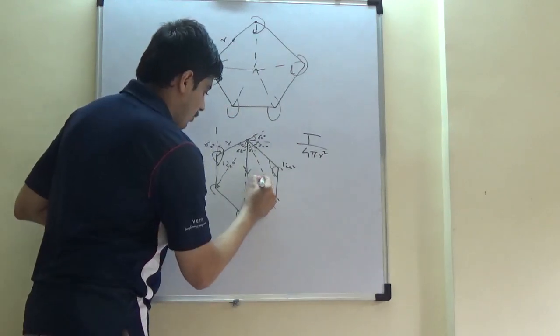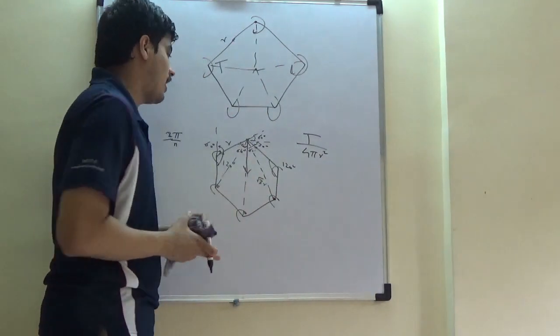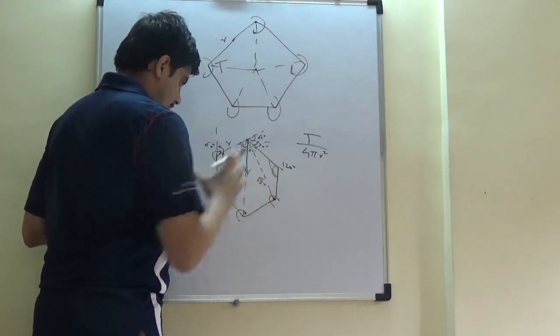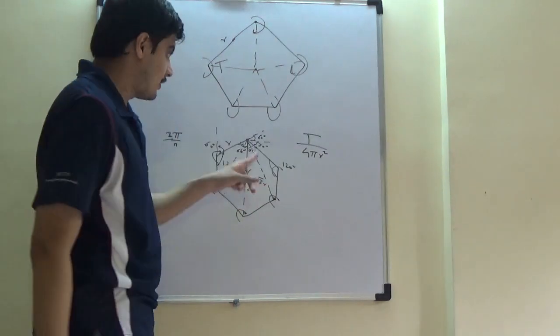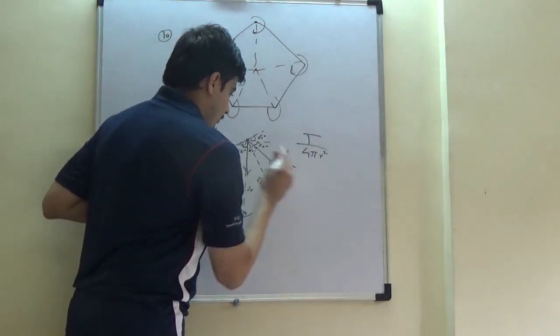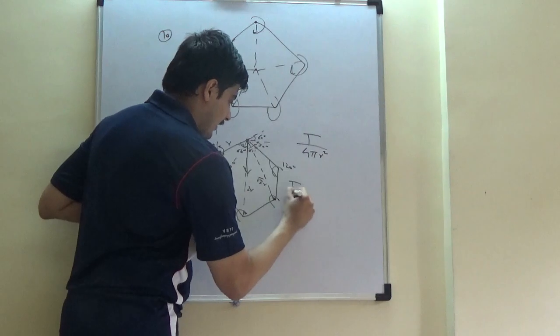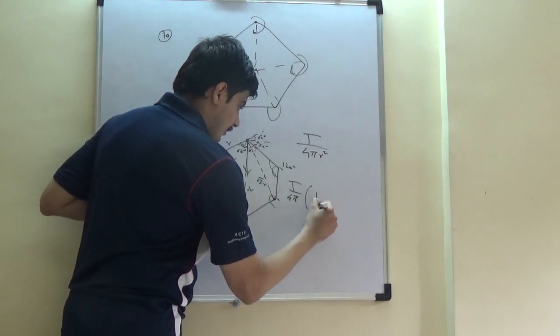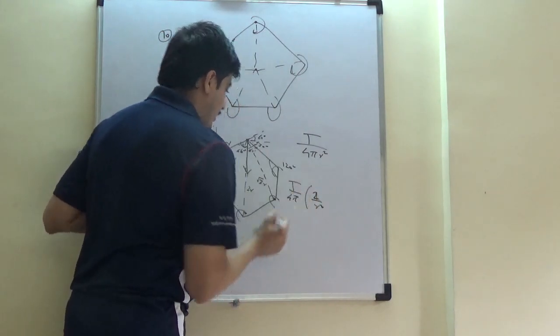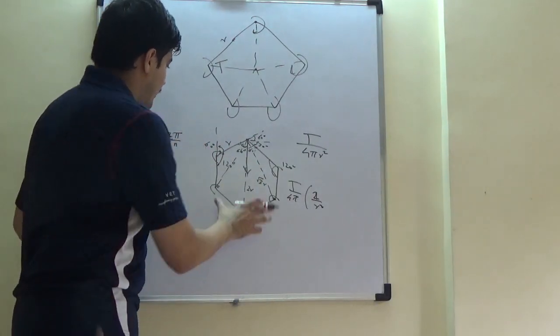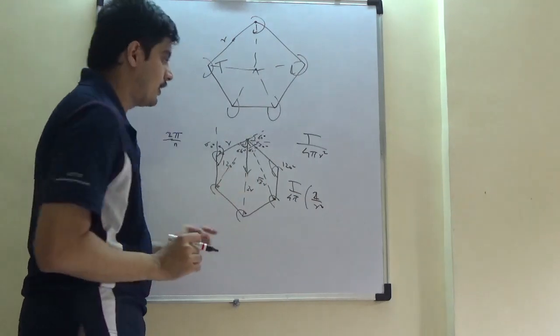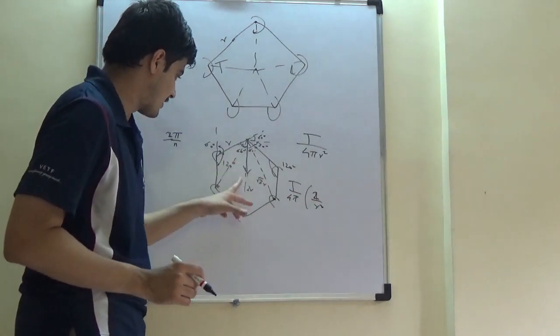So you would have found out that this is root 3 times r, and this is how much? 2r. Correct? See what I am doing. So these two are individually adding tau by 4 pi, 2 upon r square, the component only in this projected direction. These two are adding a component in this direction, cos this.